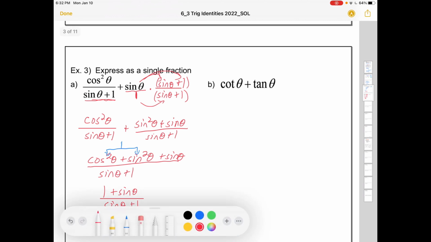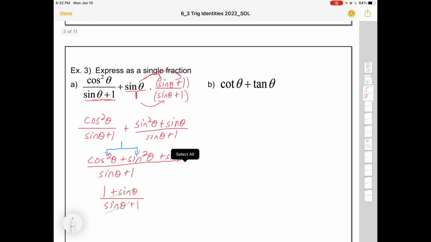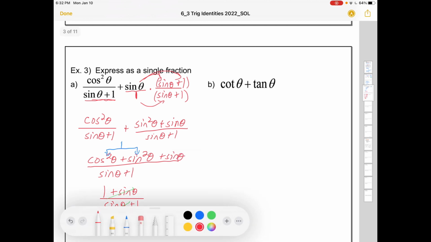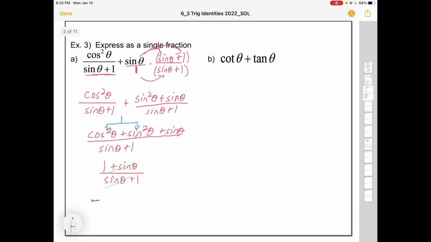Order doesn't matter in addition, so we could just cross them out. It turns out that the expression we started with was the world's worst way of saying the number 1, and we proved it. We put it in better terms just by following some little algebraic steps. Get a common denominator, add them together, and then keep your spidey senses ready to go to use some of these identities.